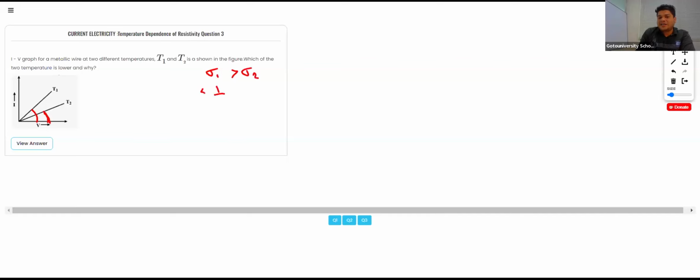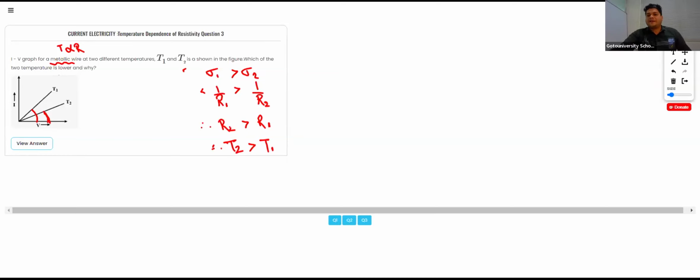Conductance is the reciprocal of resistance, so 1 upon R1 will be greater than 1 upon R2. That means R2 will be greater than R1. We know that in the case of metal, temperature is directly proportional to resistance, so T2 will be greater than T1. Hence, temperature T2 will be greater. Okay, next.